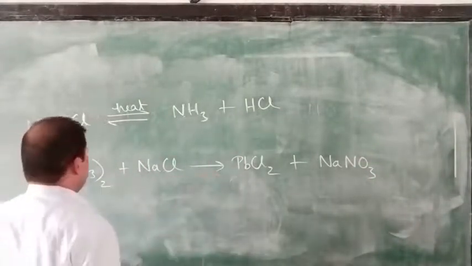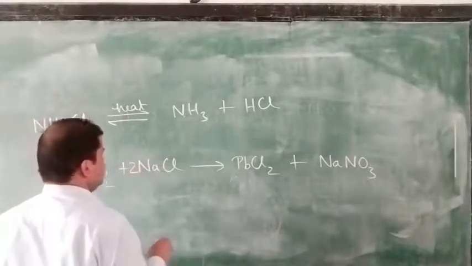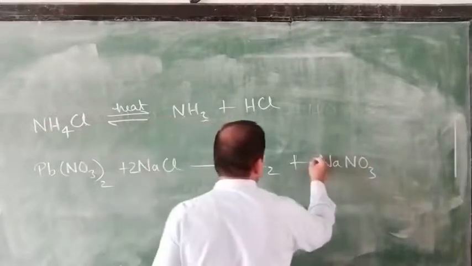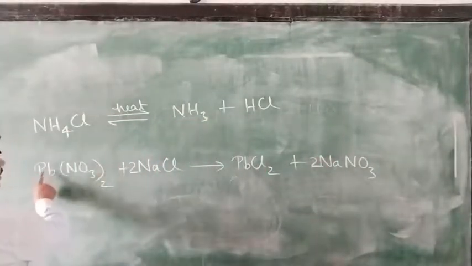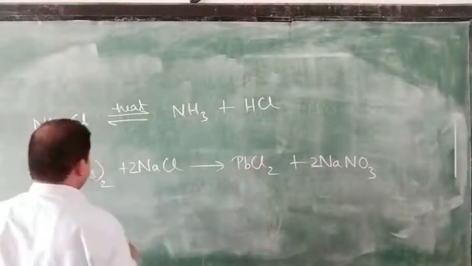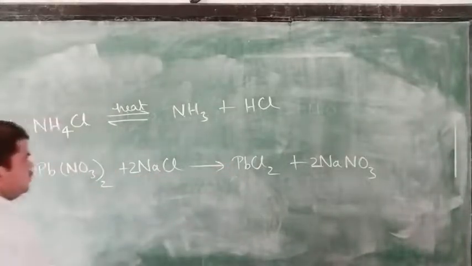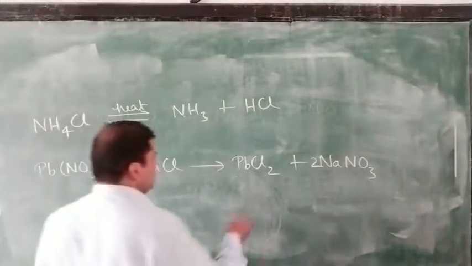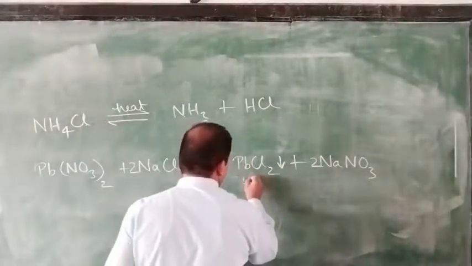So PbCl2 and NaNO3. So we can see here after balancing, the lead one here, nitrate twice also, sodium 2, chloride 2. So here we will get the PbCl2. This is the white precipitate. PbCl2 white.